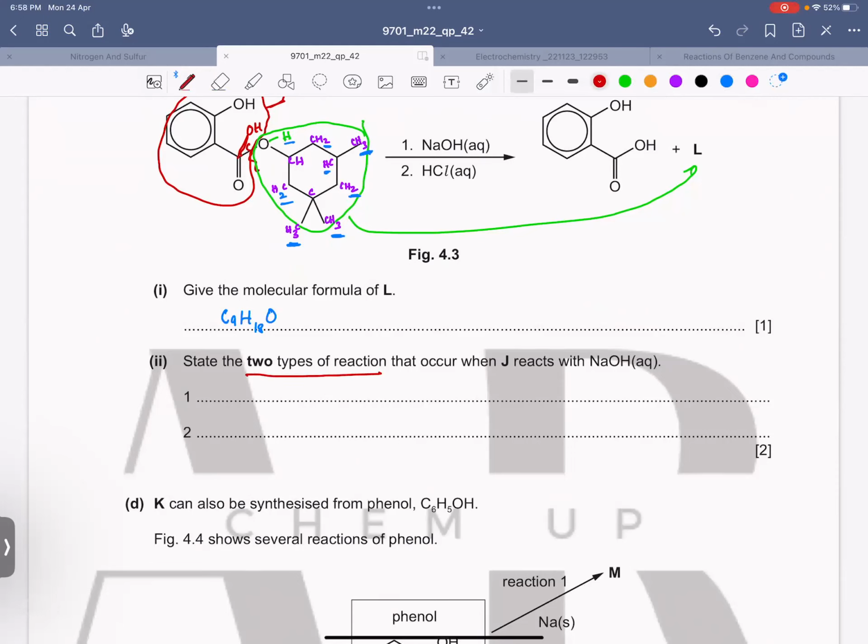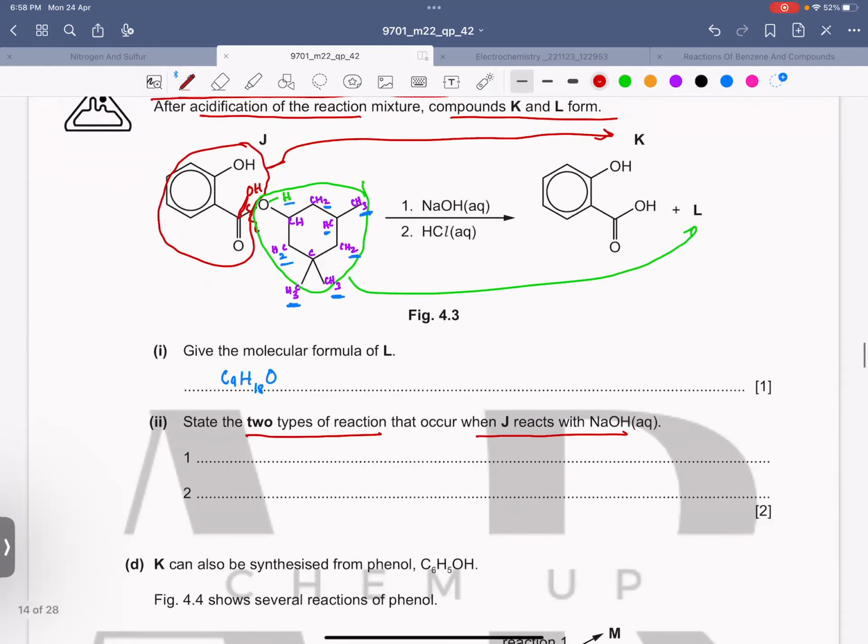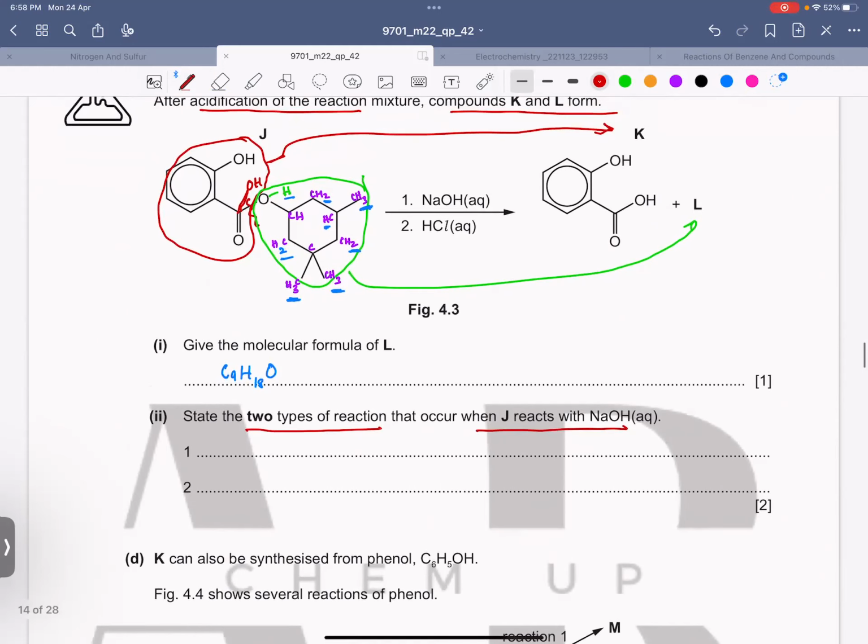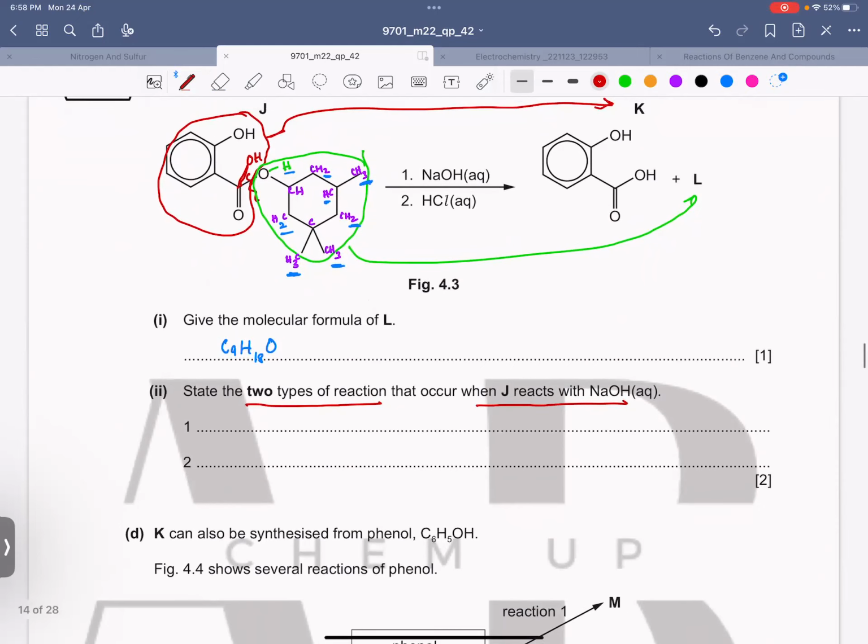State two types of reaction that occur when J reacts with NaOH. Okay. So when J reacts with NaOH, first is the hydrolysis. Due to that hydrolysis, this compound is broken down into two, and we get a carboxylic acid and an alcohol.